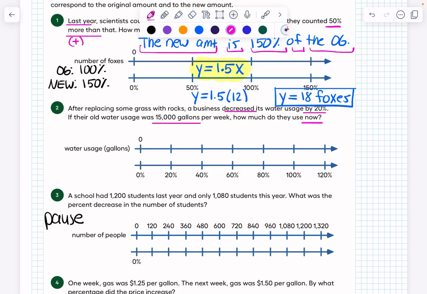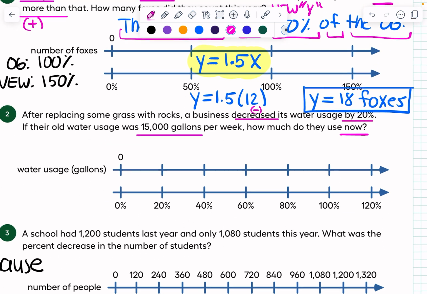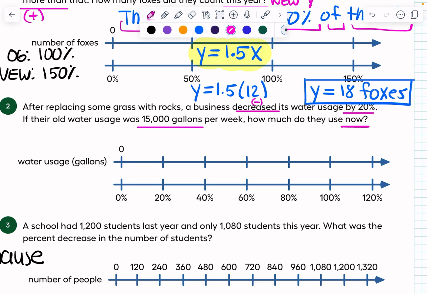So to decrease, it means to subtract, and then it says old water usage was 15,000 gallons this week. So this is screaming the OG, which is our X value. And how much do they use now? That's screaming our new amount, which is our Y value.